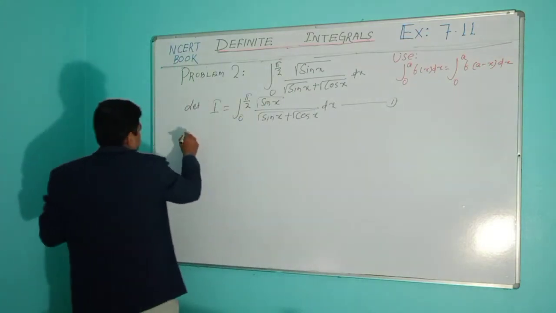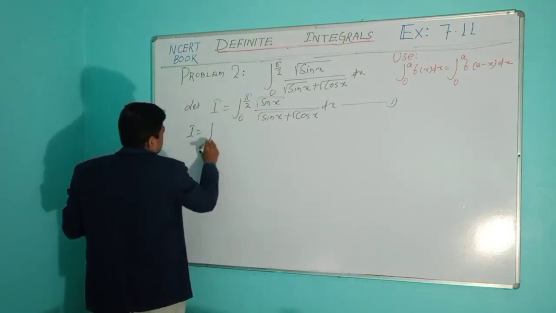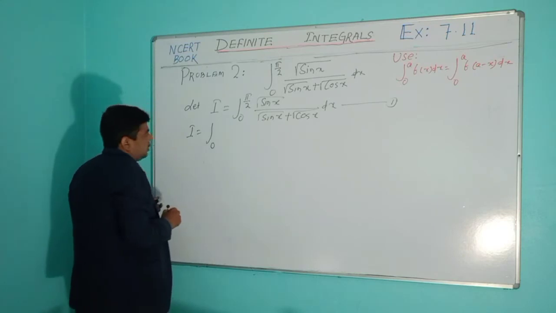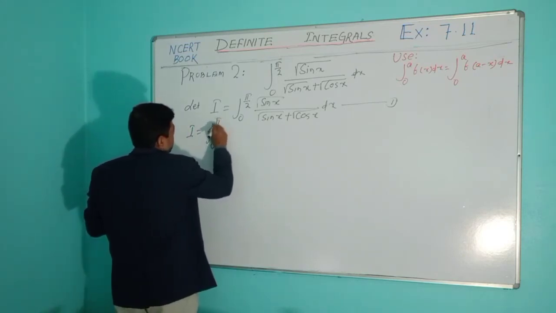Again, you can rewrite using the property: I is equal to the integration of 0 to pi by 2.